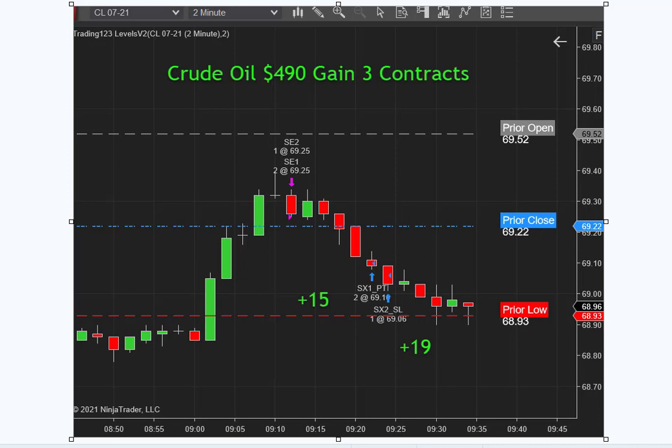So basically, there was no fancy indicators back then. So trading was all about support and resistance. And this is what I used to trade off of.